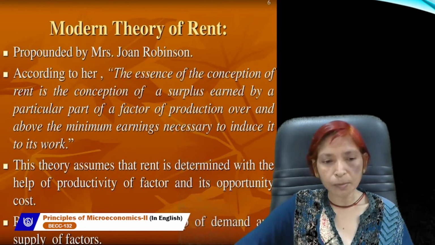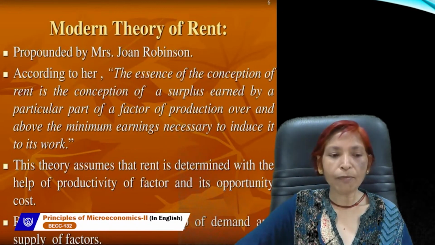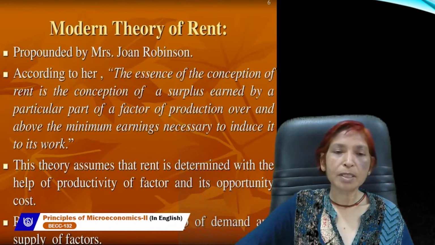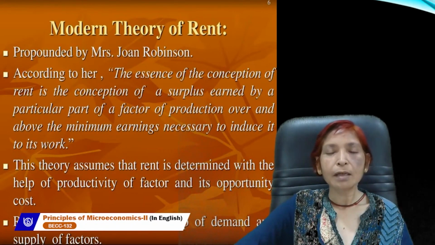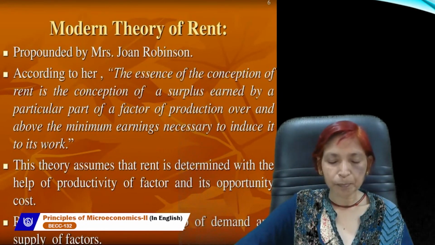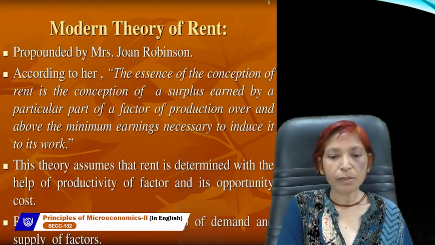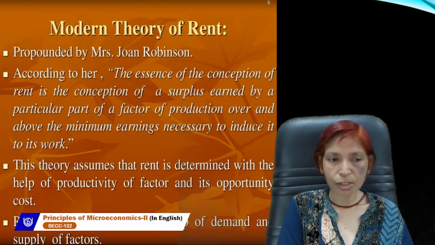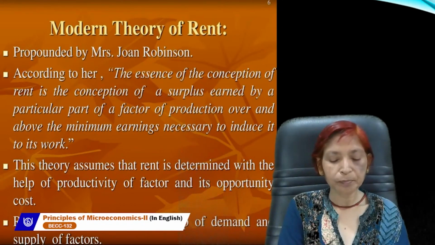This theory assumes that rent is determined with the help of the productivity of factors and its opportunity cost. Opportunity cost is also known as transfer earning. Rent is determined with the help of demand and supply of factors of production, according to this modern approach.